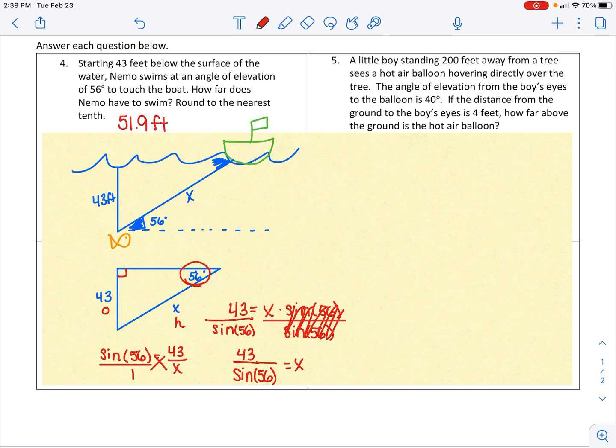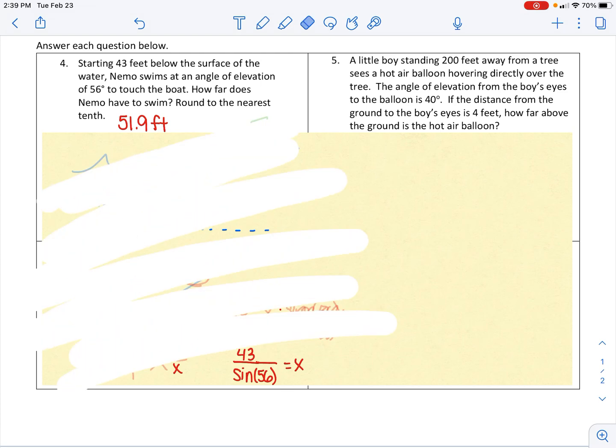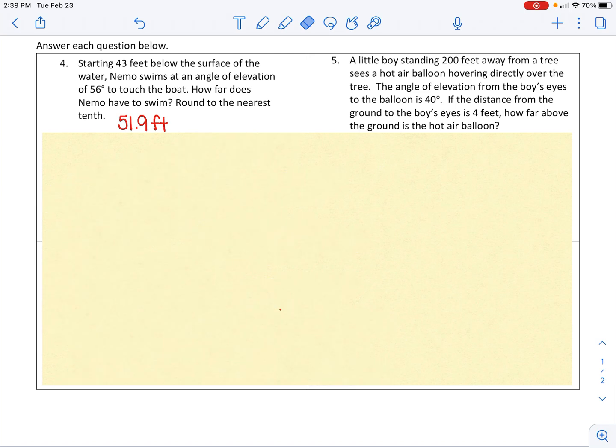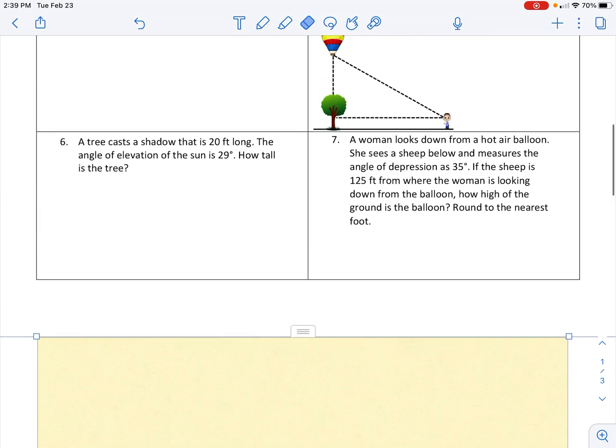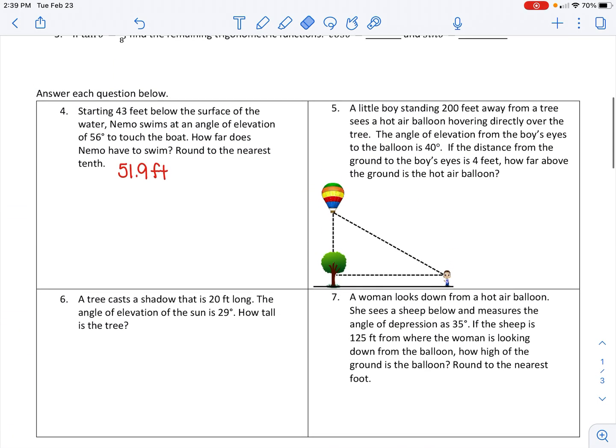All right, let's go ahead and look at number 5. All right, so with number 5, it says a little boy standing 200 feet away from a tree. So let's go ahead and label that.